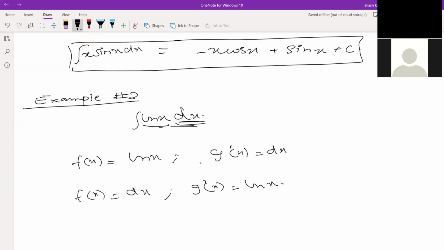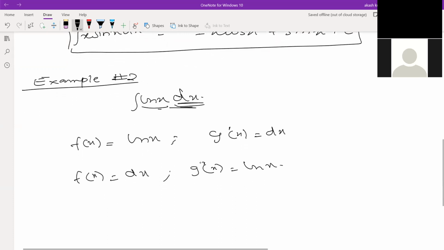When you differentiate it, it becomes d square x. It is increasing in power. You need something here that is decreasing in power. So ln x will become what?